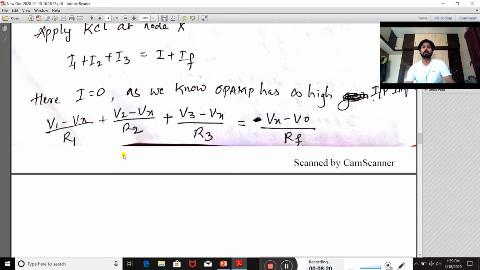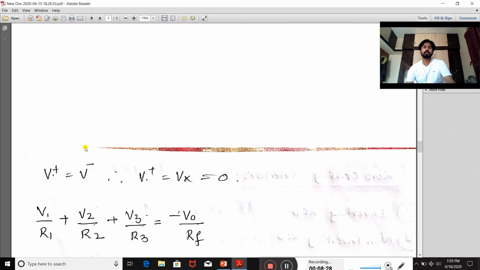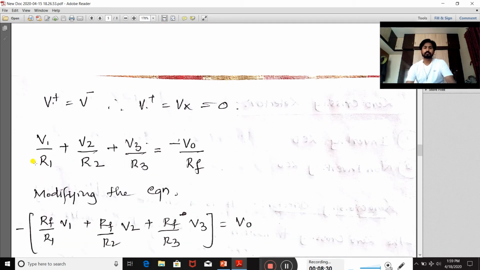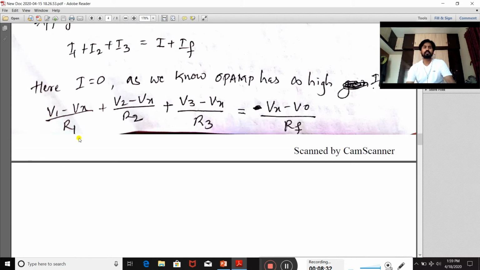As we know, because of the virtual ground concept, this Vx is 0. Then substitute 0 in this term, so it becomes V1 minus 0, which is V1 by R1, V2 minus 0 is V2 by R2, plus V3 minus 0 by R3 is V3 by R3.